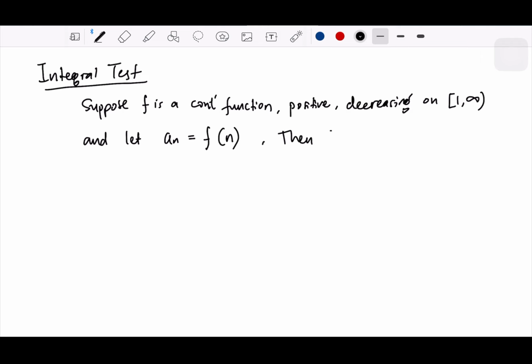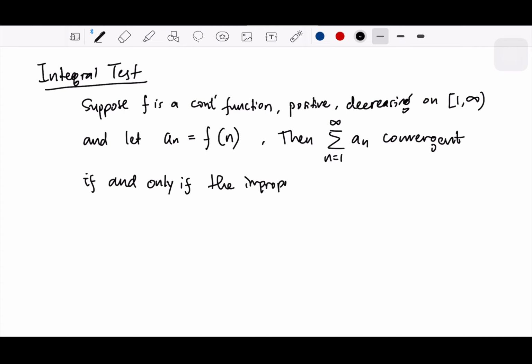Then the series is convergent if and only if the improper integral converges.